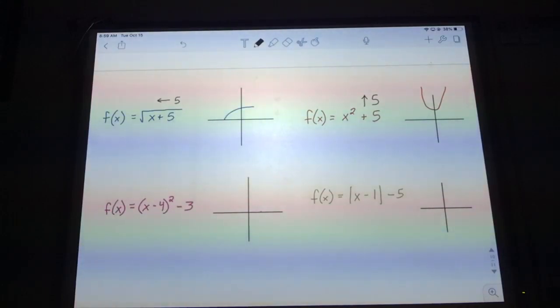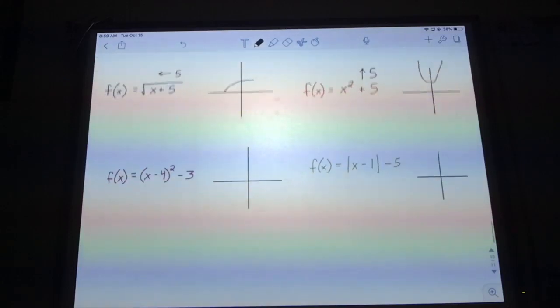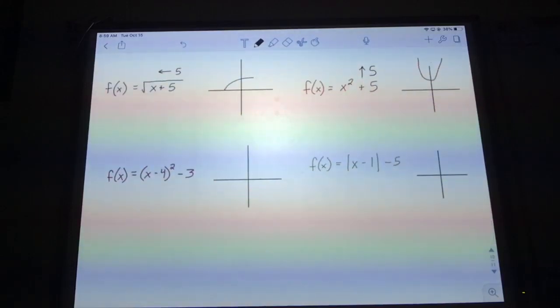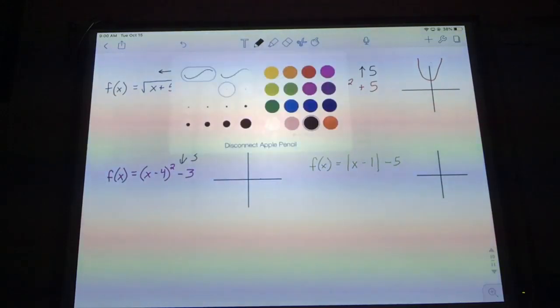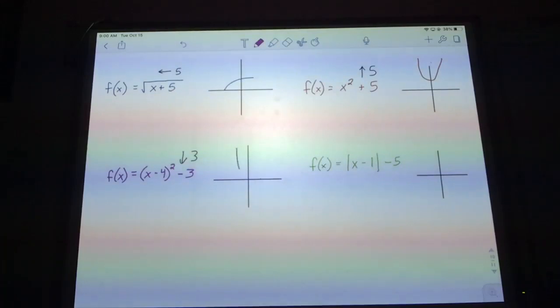What about the purple? The purple has 2 different things. I always tell you to start with the outside. So what is the outside thing telling us to do? Negative 3. It's outside, so that's up and down, and it's regular. So that's going to move down 3. This is a U shape because it says squared.